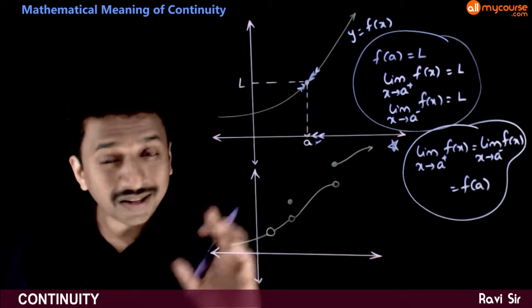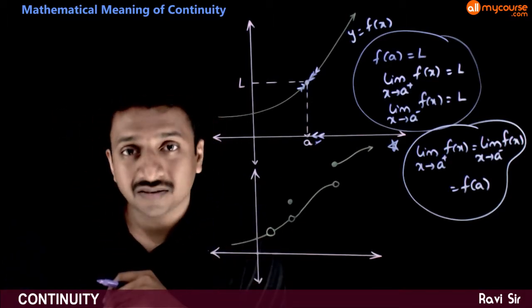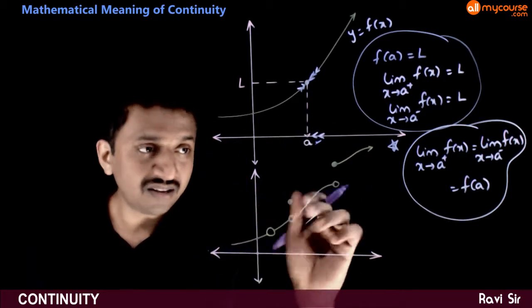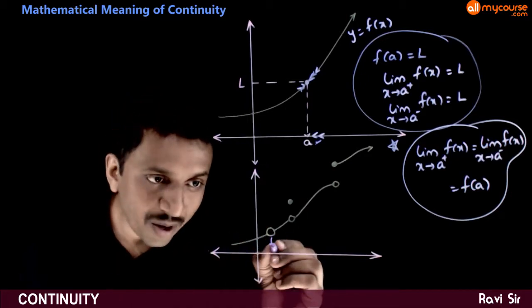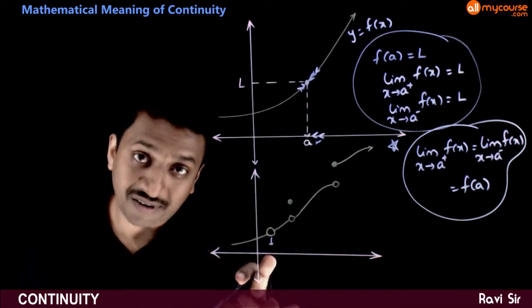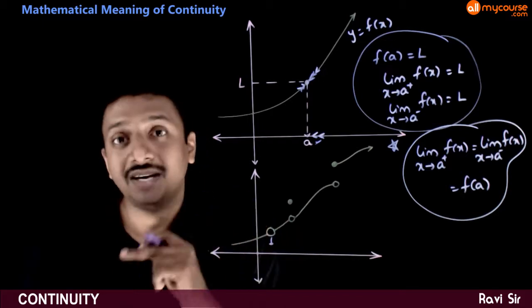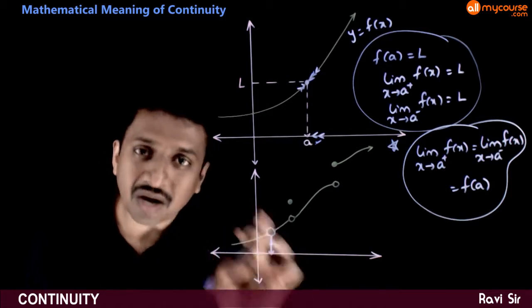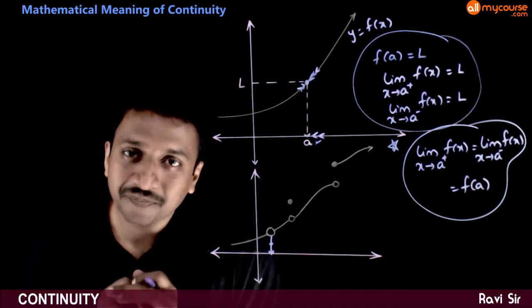Now, what are the different cases where the function may not be continuous? As you can see, if a graph of some function is like this, this is a point where f of x is not defined. A hollow dot means that f of x is not defined at this point. At this single point, the function is not defined. Obviously if the function is not defined, you have a small breakage there.